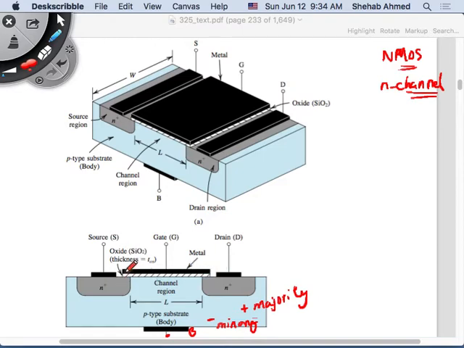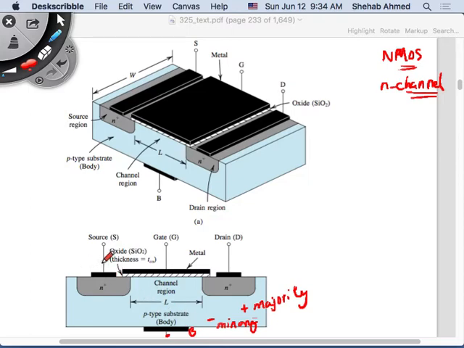And then after that, you put a contact or a metal gate. So you put a piece of metal here, and a piece of metal here, and here, and here, just so that you can access the device. Okay, so now you've created a gate terminal, a drain terminal, a source terminal, and a body terminal here.